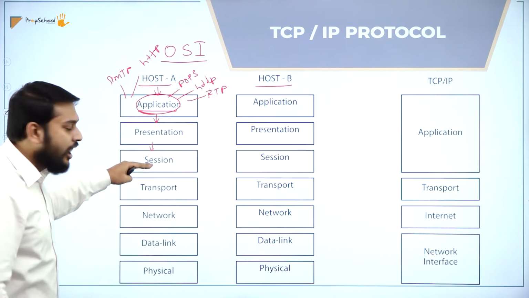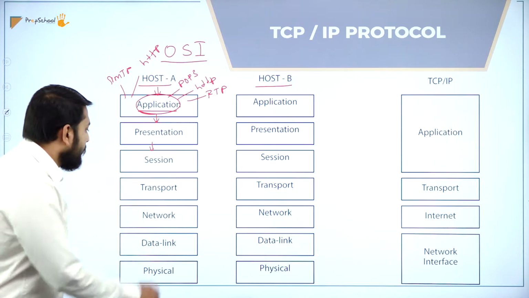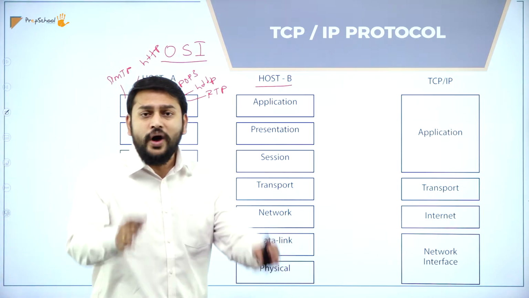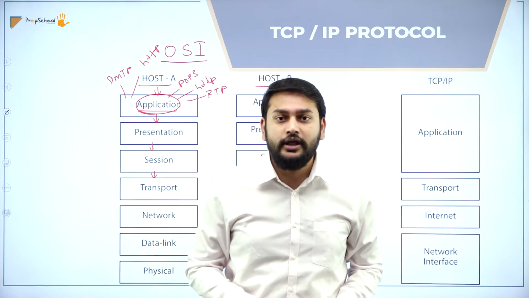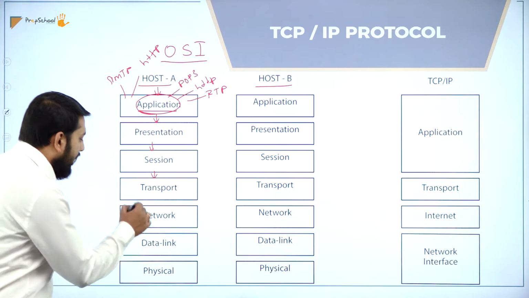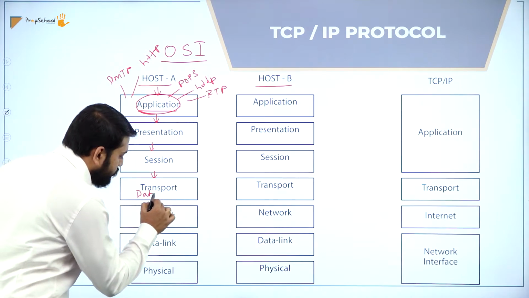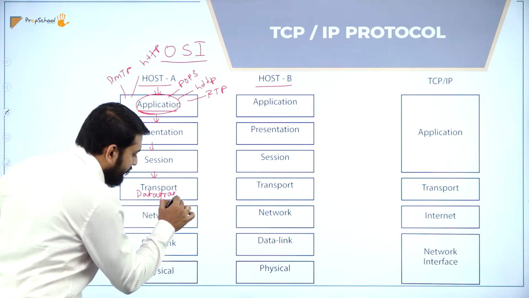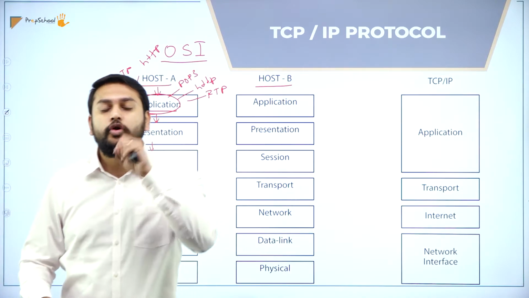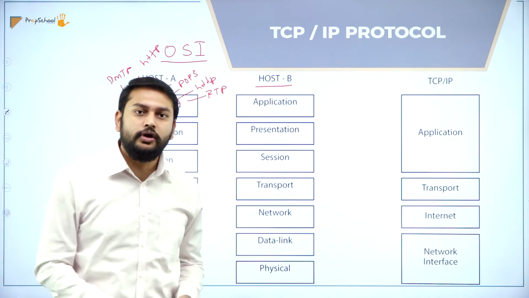After establishing a session, your data will come to the transport layer. Once your data comes to the transport layer, it will be in the form of datagrams. Now you will decide the protocol.